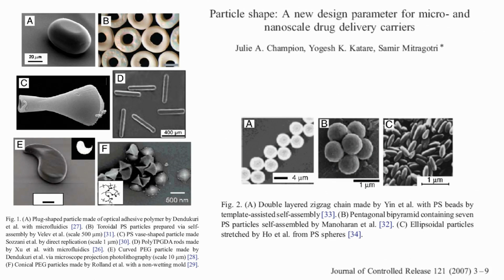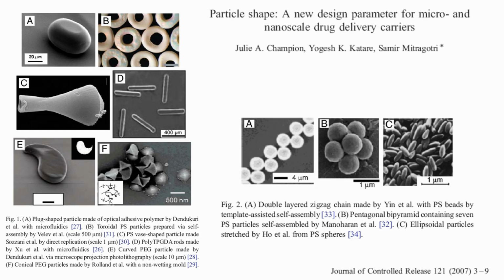There are several reports in the literature actually. Shape has been more and more considered as a paradigm that can be varied and used for different applications. Here are just some examples of different shapes of particles, both nano and micro, that have been formed. You name it and there is a shape for it.